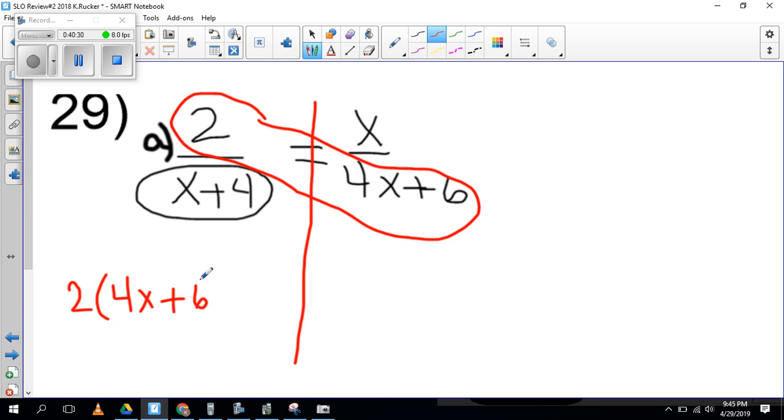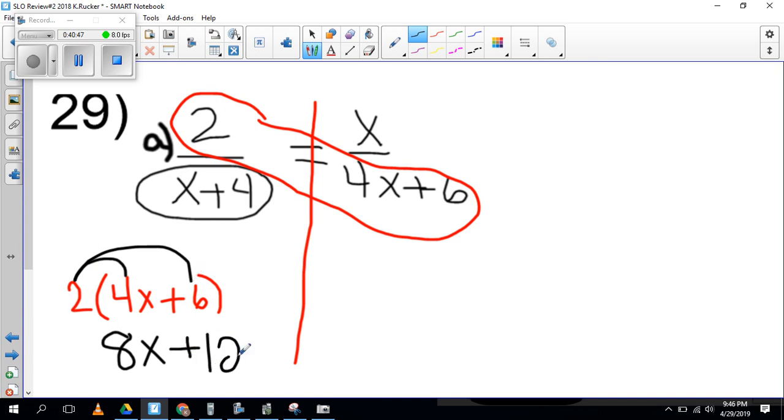And then what we've got to do is distribute that 2 to everything. So 2 times 4x gives us an 8x. Then 2 times the 6 gives us a plus 12. Equals, now we're going to come over here on the other side. We're going to multiply x times x plus 4.